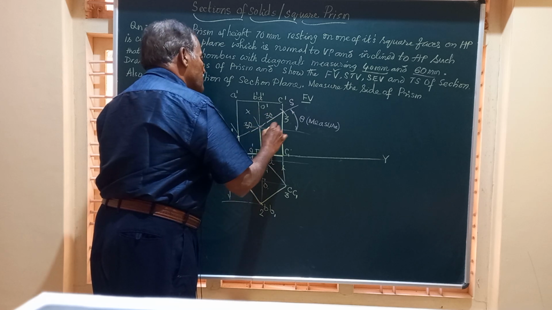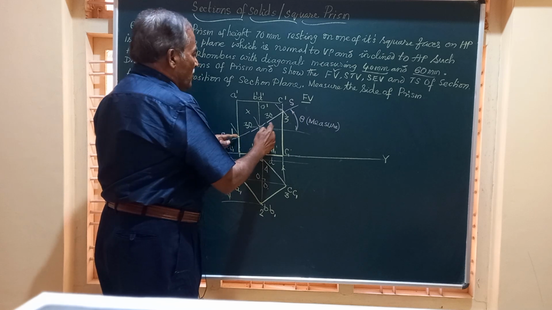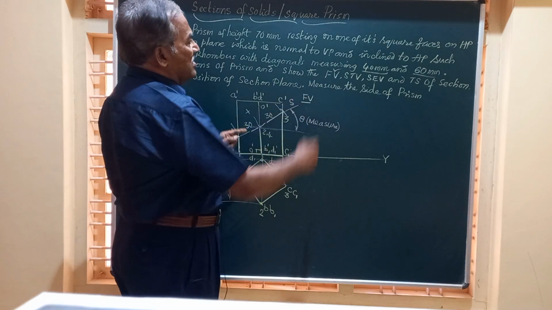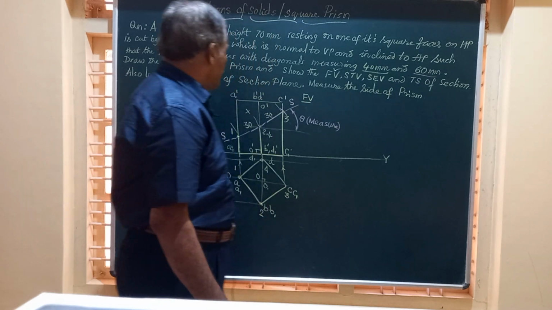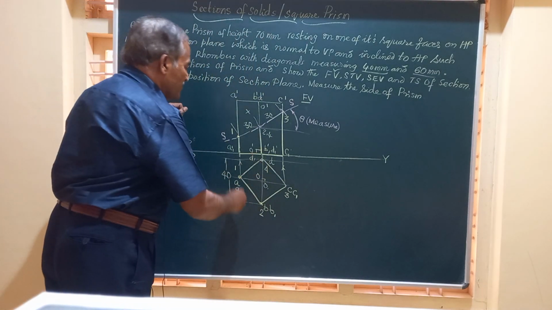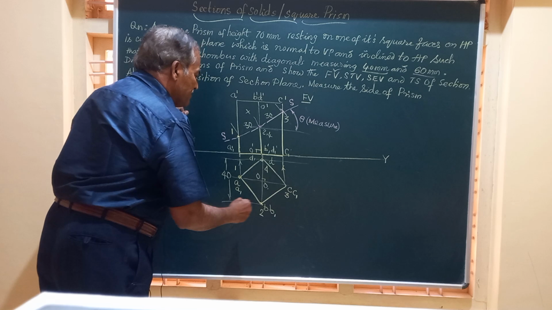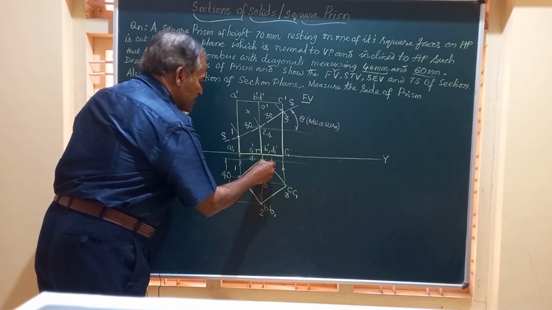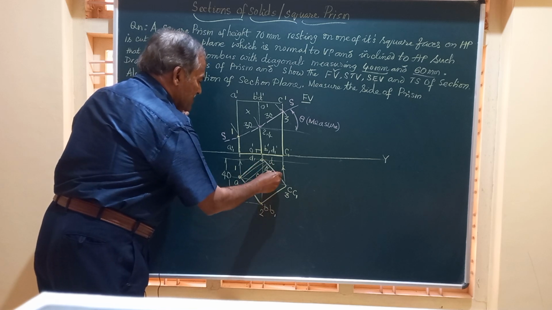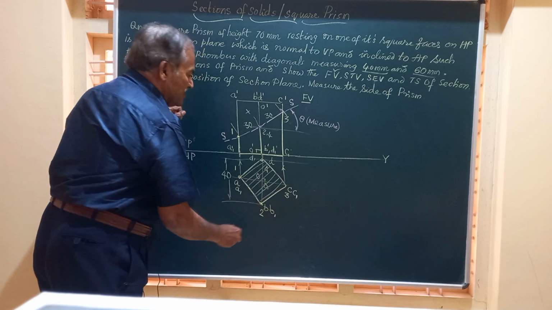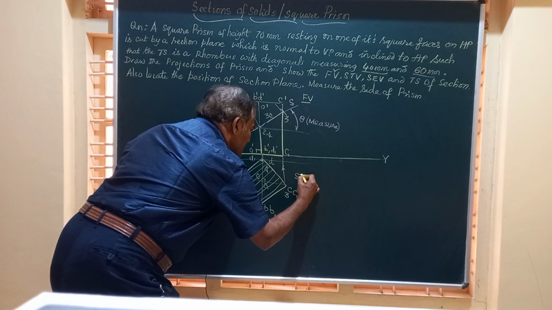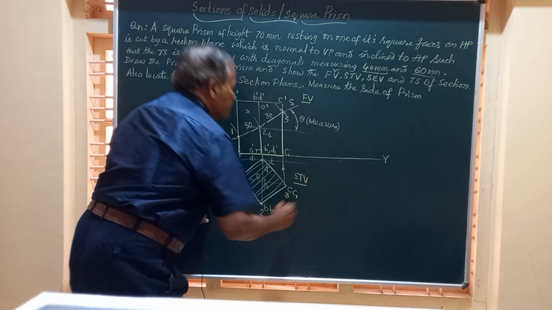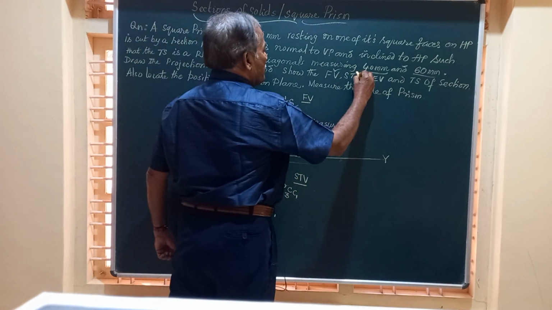That is, in the true shape, the value of this major diameter should become 60 as per the problem. Friends, here we got all the 4 points. You will join them and we will hatch that. Show the section part in the top view. So this view will give you STV. STV stands for sectional top view.